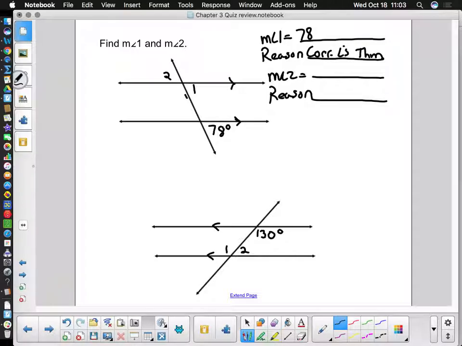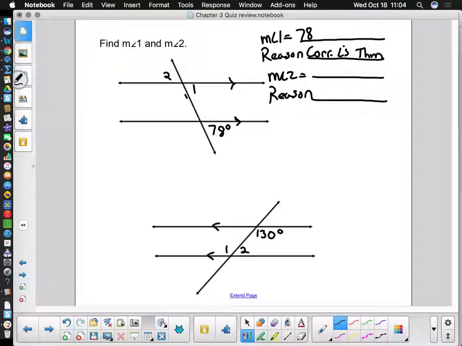Now, technically, it's corresponding angles postulate, but I'll accept theorem. Postulates are more powerful rules than theorems. Postulates do not need to be proven to be true. We just accept them to be true. Theorems need to be proven to be true. So corresponding angles is technically a postulate, but I'll take it.